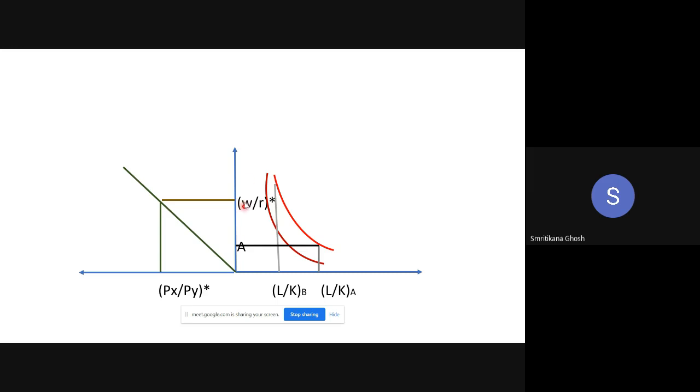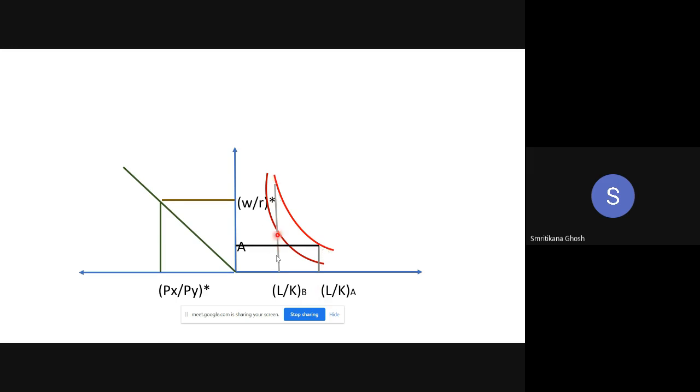As W by R star is not within the range of country A's W by R, max to max he can go to point A. And at point A, he is producing only X. So look, here the HO theorem is valid, because country A, which is labor abundant, is producing only the labor intensive commodity.